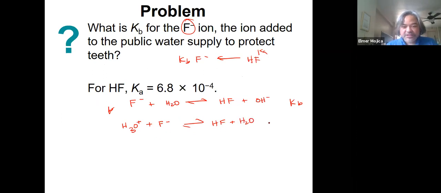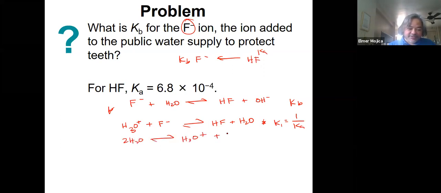HF reducing that one. So that is equal to what? If this is a K1, that is equal to 1 over Ka. I just reversed the thing here. And then we have water dissociating to give you H3O plus and OH minus. So that's K2, and that's just equal to Kw.